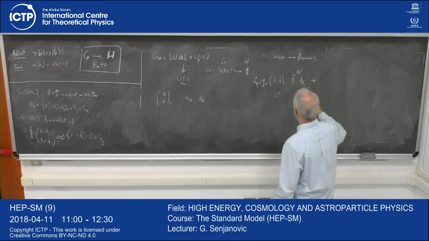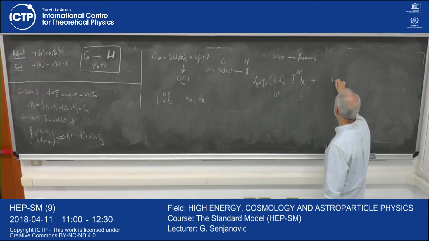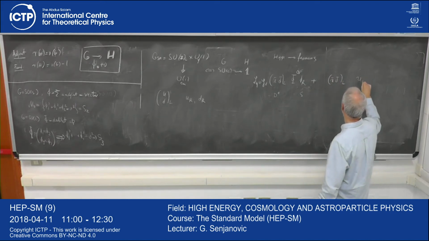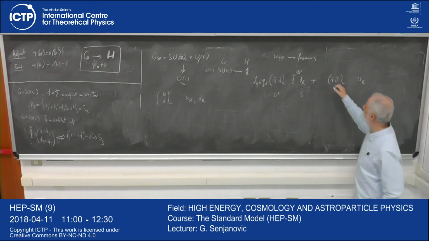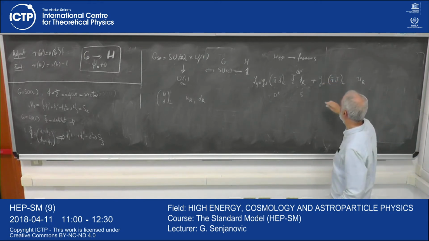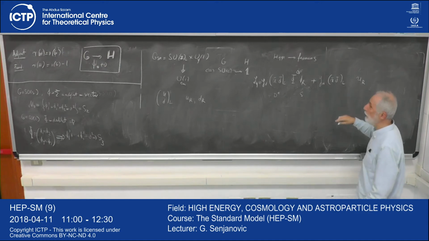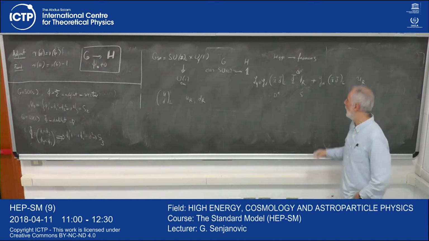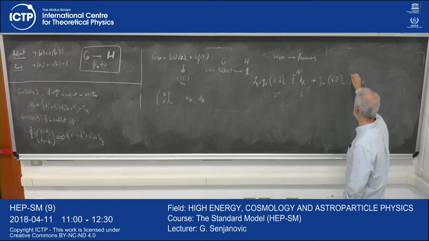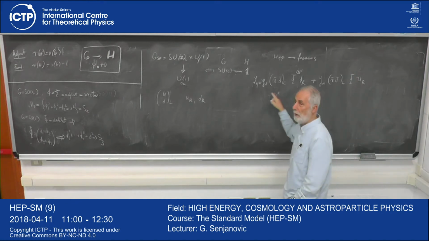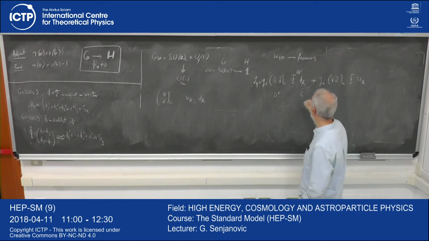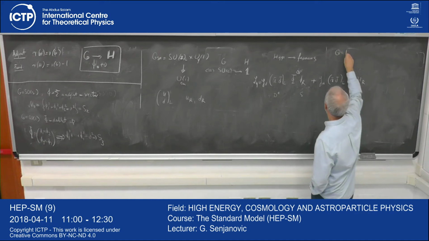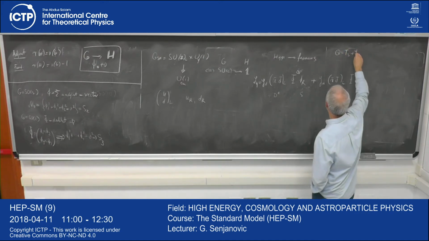Let's think a little more now. I should do that for the up quark too. What to do now? I can try to put phi, but this won't work. Let's see why not. Let's find out what the hypercharge of phi is. Remember that the magic formula is Q is T3 plus Y over 2.